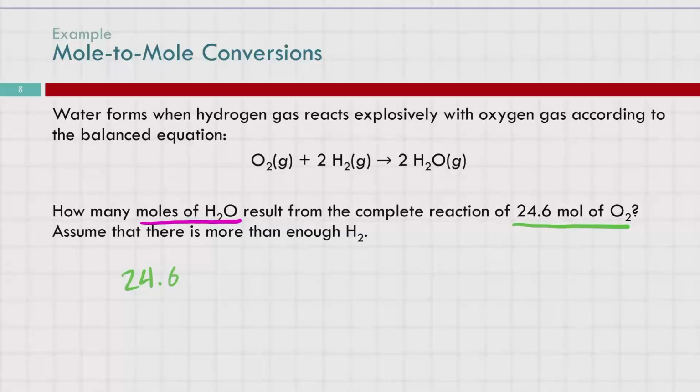So 24.6 moles O2, we're trying to find the moles of H2O. The two things that we care about are the O2, because that's what we're starting with, and the H2O, because that's what we're trying to get to.